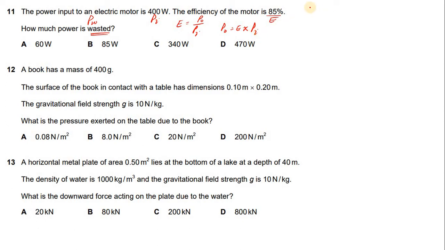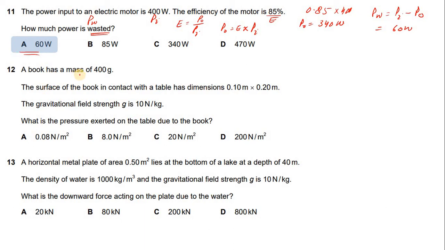So 0.85, efficiency 85% divided by 100, times 400. Output power is 340 watt. But they are asking wasted power, which is input minus output: 400 minus 340, 60 watt. So option is A.